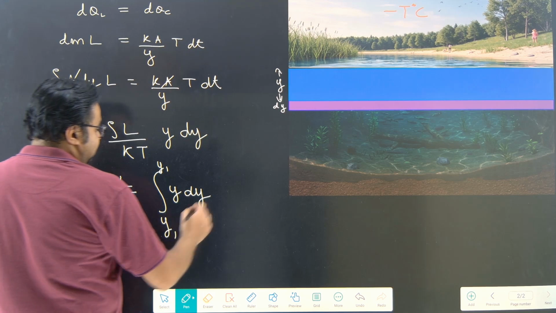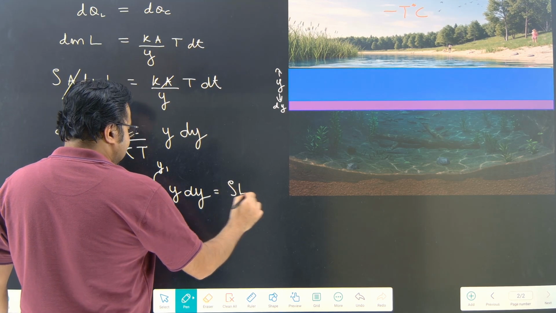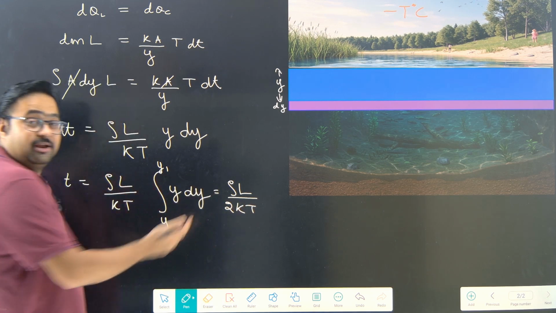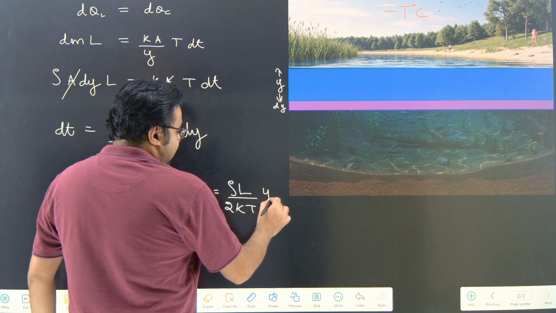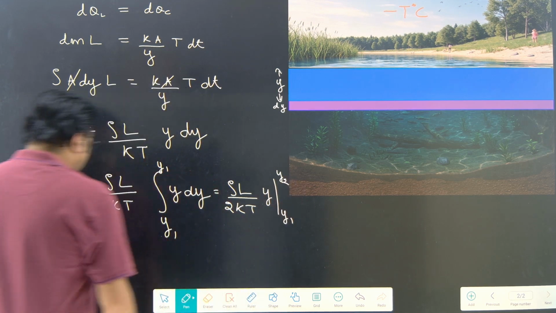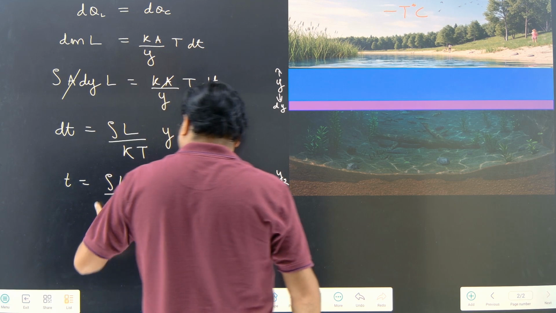When you integrate this, my dear friends, you will have rho L divided by 2 KT, because the integral of y dy is y square by 2. It has to be evaluated between the limits y1 and y2. Now, what does the thickness of ice become equal to? I shall write the final statement here.